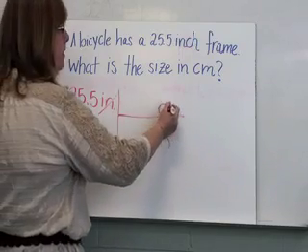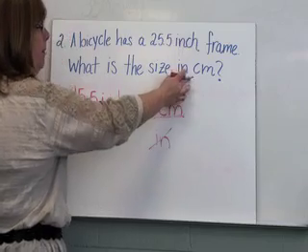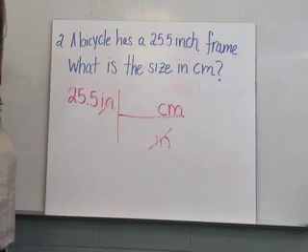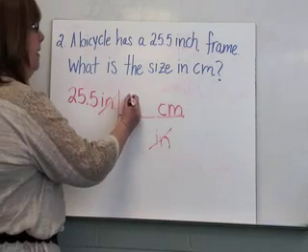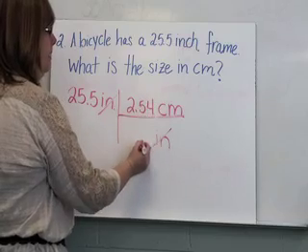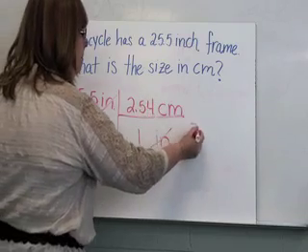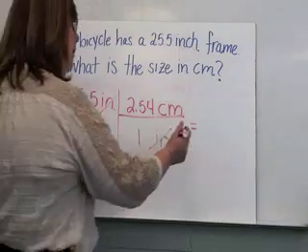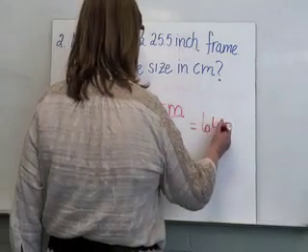And we want centimeters up here. It's what we want, it's in our numerator. We have the same equivalence statement from the last slide. There are 2.54 centimeters in 1 inch. And this answer in centimeters, let's see, is 64.8 centimeters.